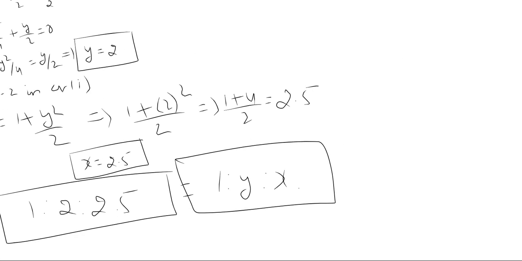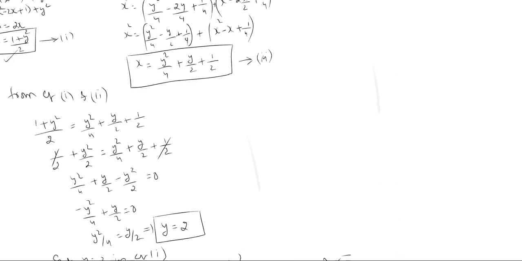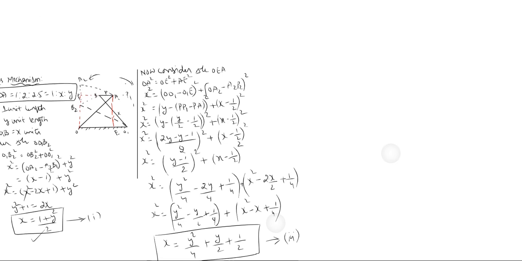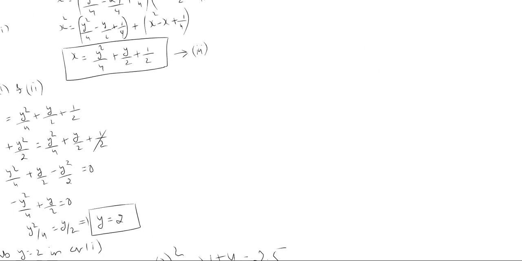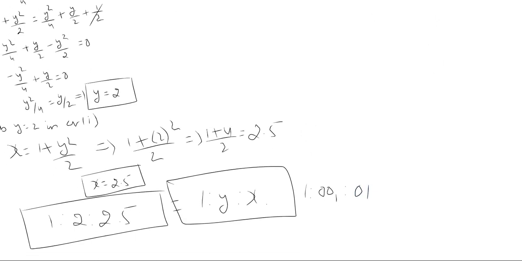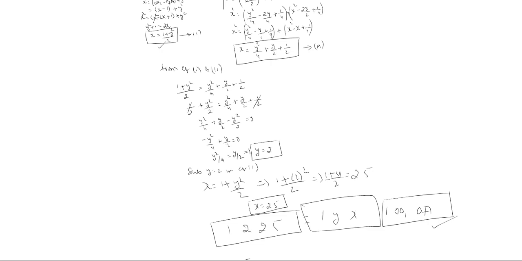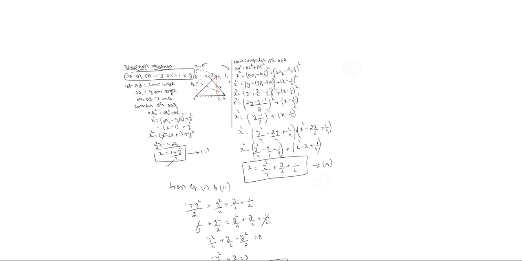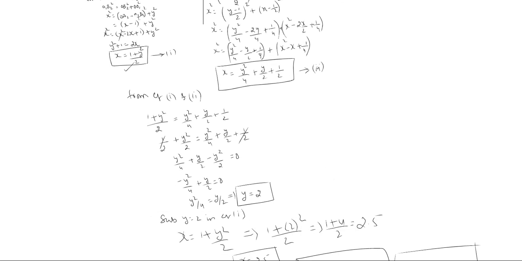So 1 is to O1 is to x, means x is nothing but OA or OB. We can consider OA or OB. So hence we have proved this final equation. So this is all about Chebyshev's equation. Thank you.